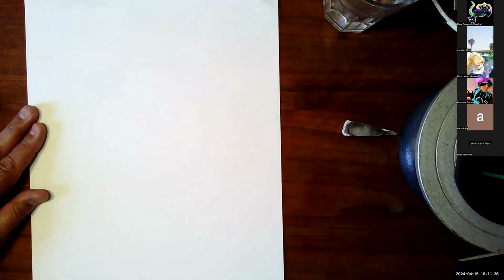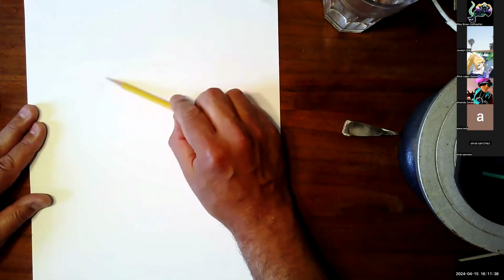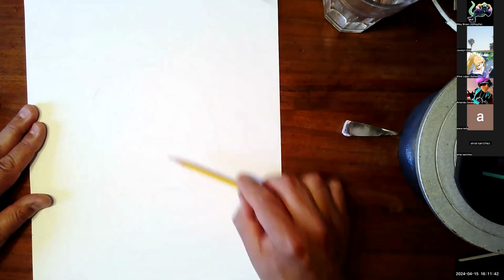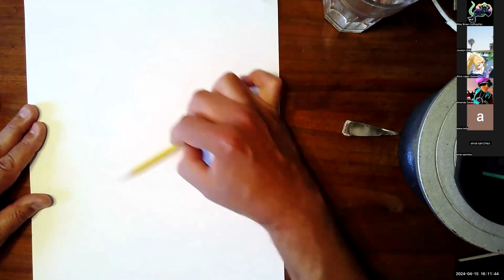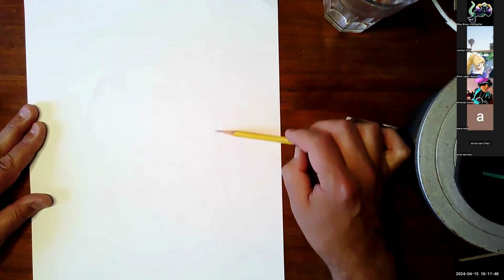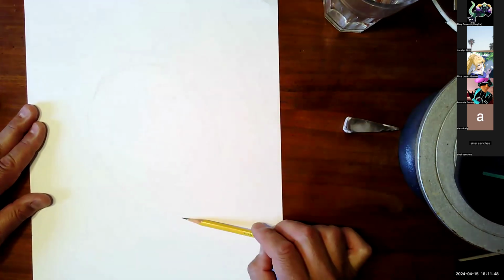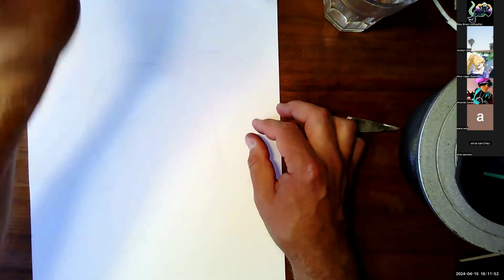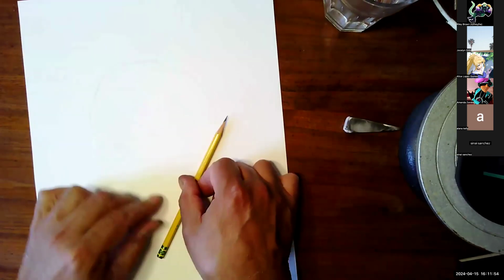Okay, so when I look at this guy, what I'm noticing is that if I draw a lopsided oval like this, look at his chin. If you lay your pencil on the screen, you'll notice that the chin is at an angle like this.